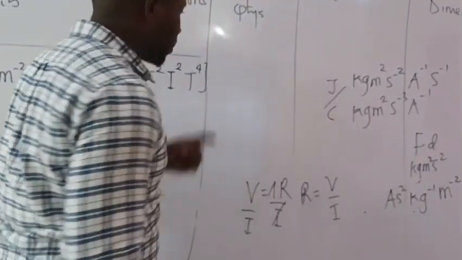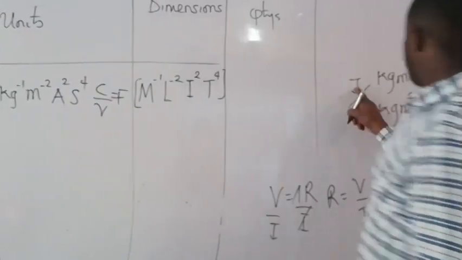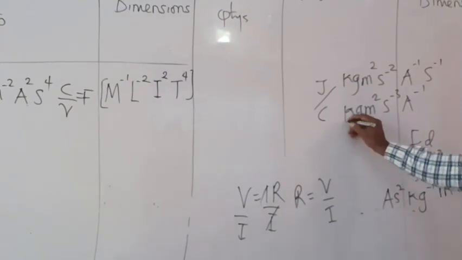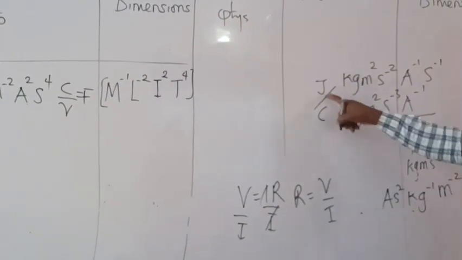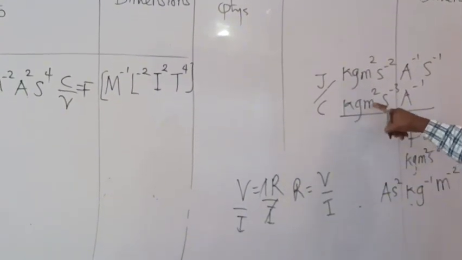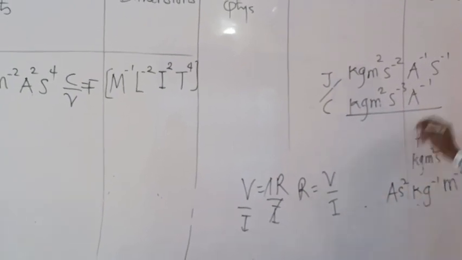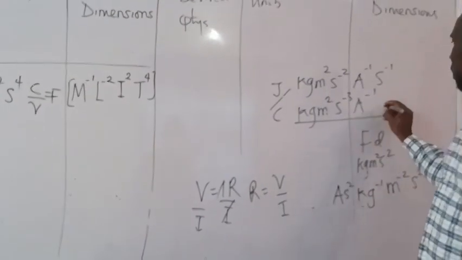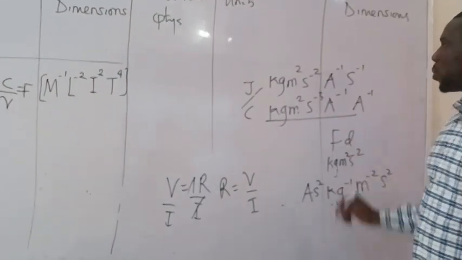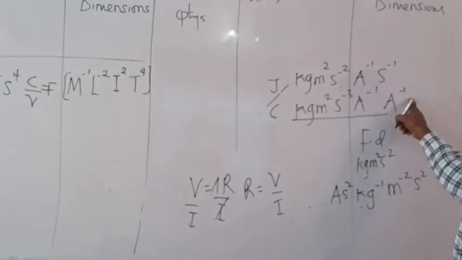Now potential is simply joule per coulomb, and we got this joule per coulomb, then per ampere. Then, since it's downstairs, I will take another, so this becomes ampere raised to power minus 2.